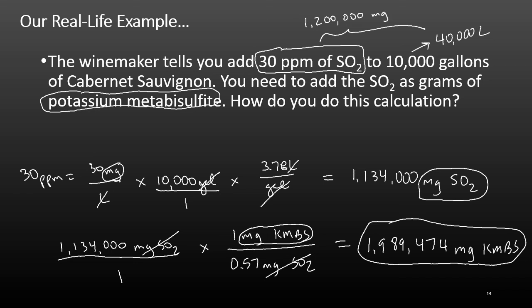And we know that the conversion between KMBS and SO2 is about 1 to 0.57. I can approximate that as 1 to 0.5, which is the same as 2 to 1. So it means to get from milligrams of SO2, which would be 1 at the bottom, to milligrams of KMBS, I'm going to double it.